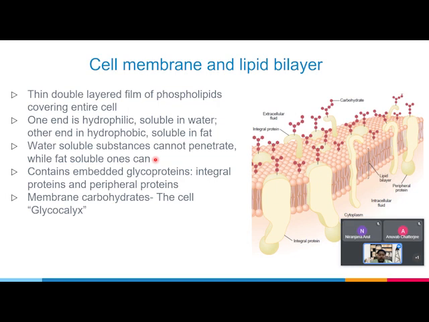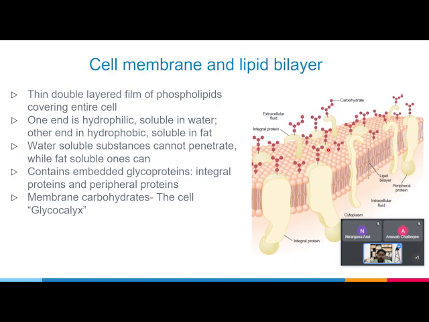And there is also an important part to the cell membrane, that it is not only a lipid bilayer but also has embedded glycoproteins. So proteins which have glycosylation post-translational modification in them, which is something that we discussed in the last lecture. And these can also be of two types. First is integral proteins that pass wholly through the lipid bilayer, and this can be ion channels, and peripheral proteins which are present on one end, either the intracellular end or the extracellular end.